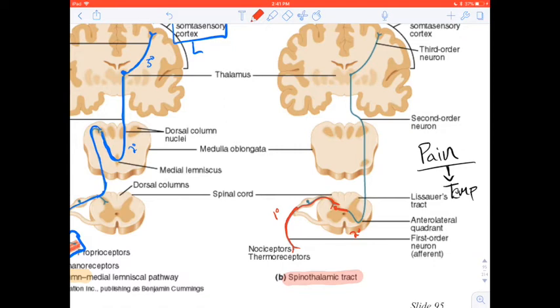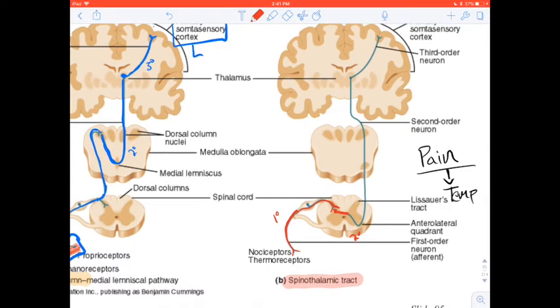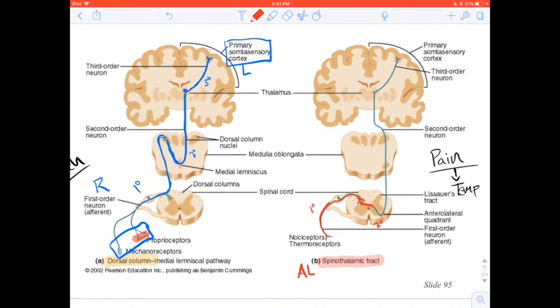This is why this is also called the anterolateral spinothalamic tract, because it's going to cross anteriorly and laterally into the ventral horn. So the second order crosses over into the ventral horn of the spinal cord. And then from there it goes up.